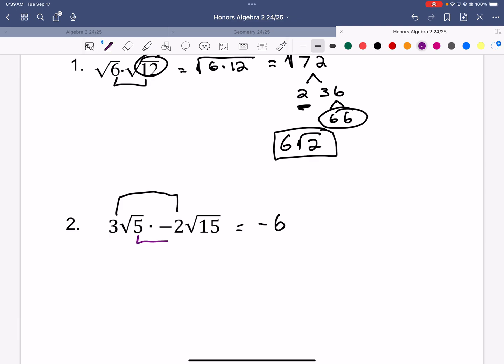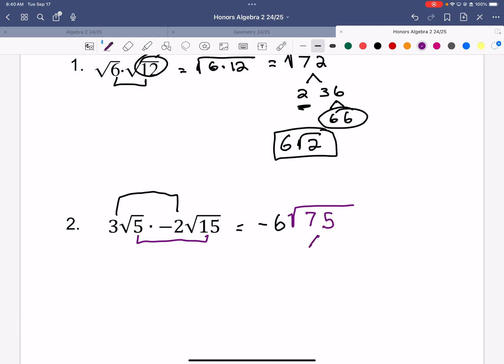If I multiply underneath by what's underneath, 5 times 15, 75. Sounds like that's right. Yep. 75. Okay, so you got the first part of it done.